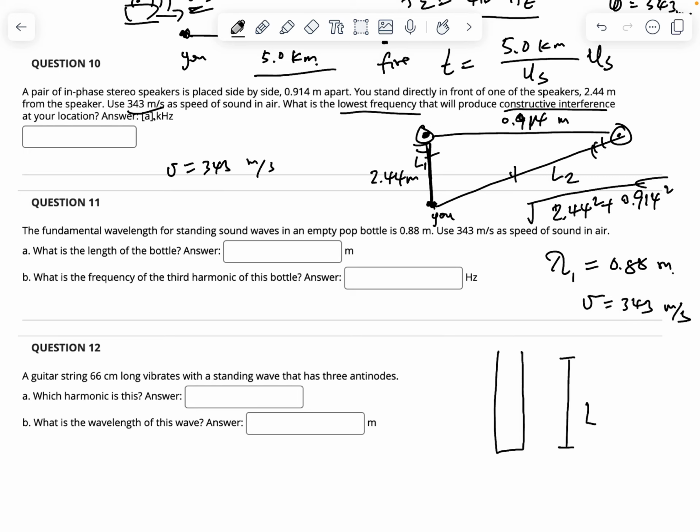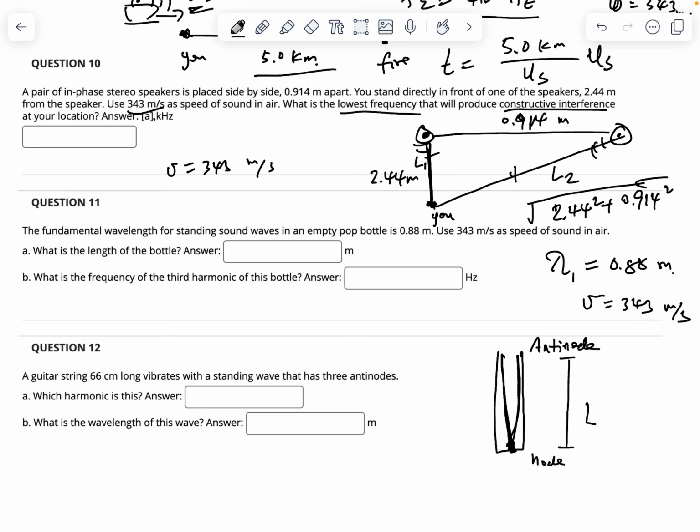For the fundamental wavelength, the lowest frequency you can have here is, you see, the open part is an antinode, right? So this is antinode, and this is node. Okay, so this is the lowest frequency. So this end is closed, right? So this is node, this is antinode.